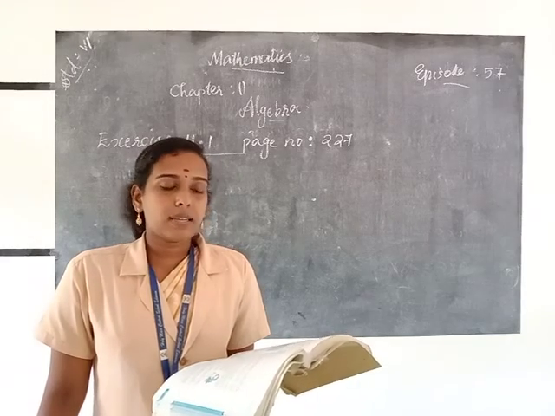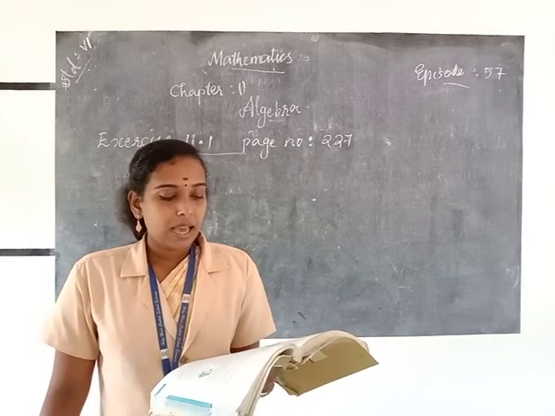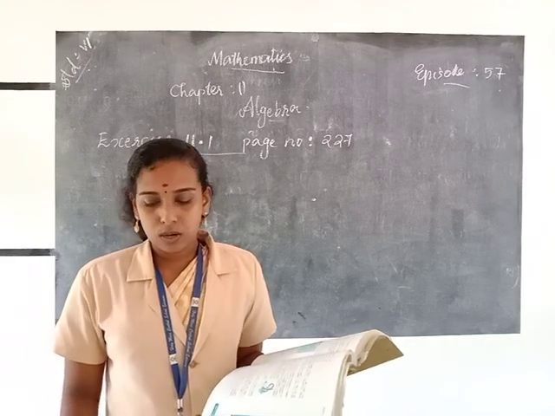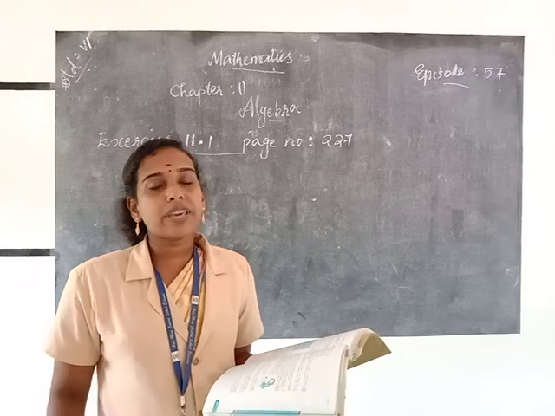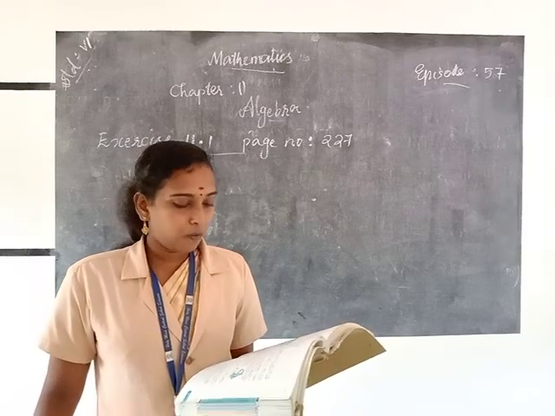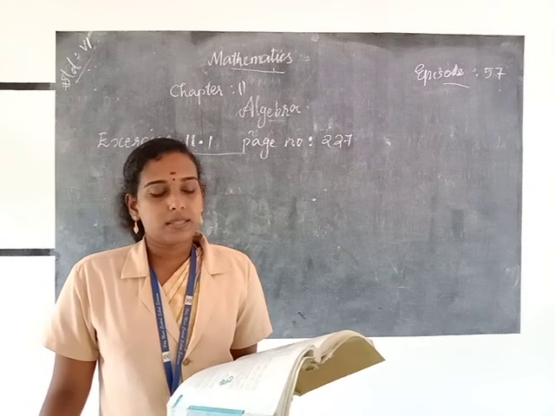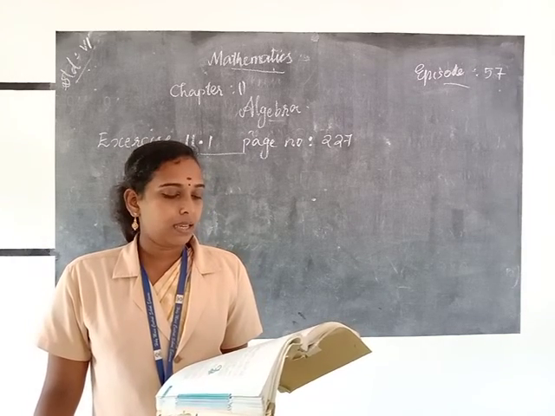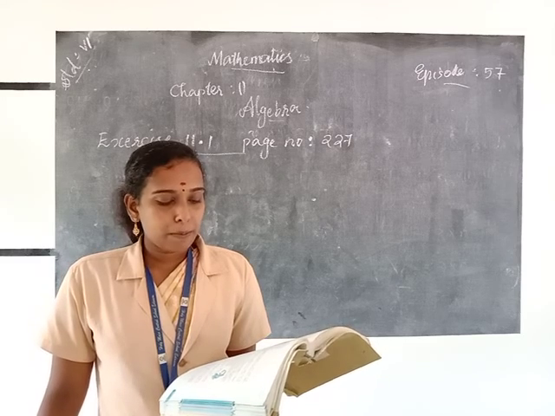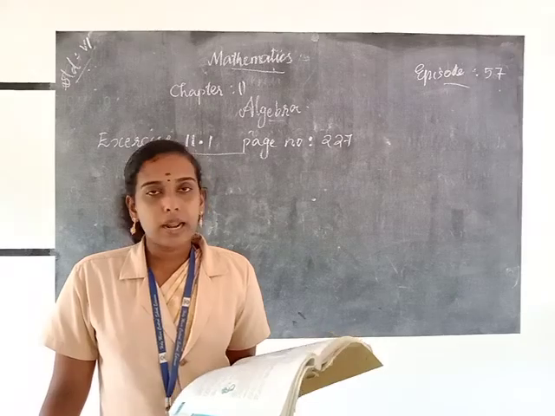So once again, listen to the question. Cadets are marching in a parade, and there are 5 cadets in a row. That is, the number of cadets in a row is equal to 5. What is the rule which gives the number of cadets? So we want to find the rule which gives the number of cadets given the number of rows, and we use N for the number of rows.